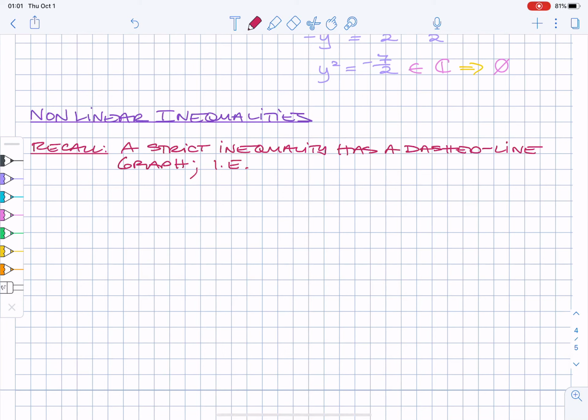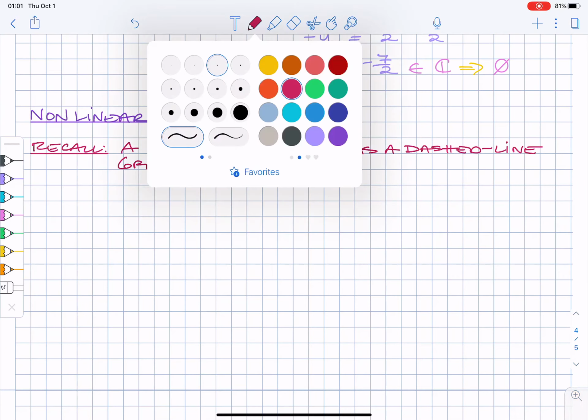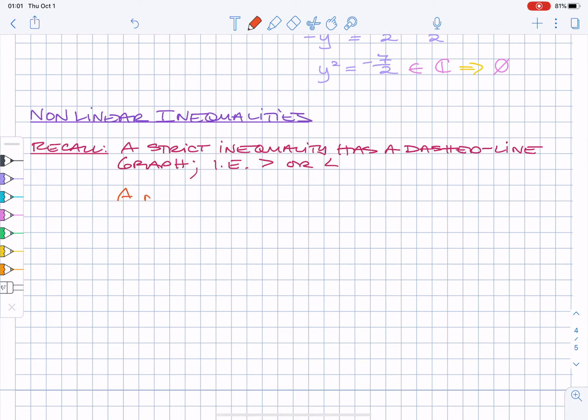That is greater than or less than without the equal, whereas a non-strict inequality has a solid line graph. That is greater than or equal to or less than or equal to.